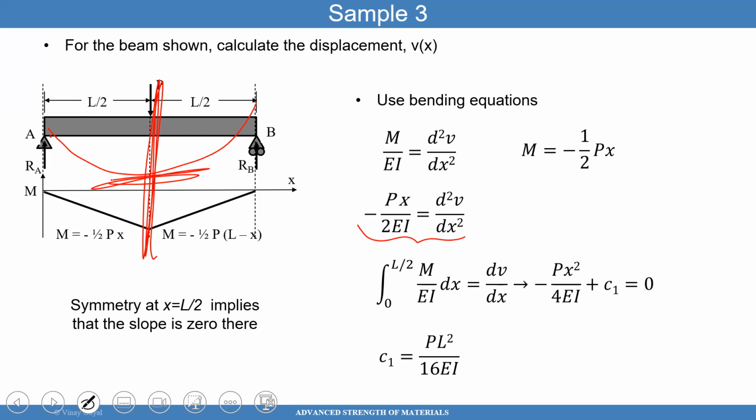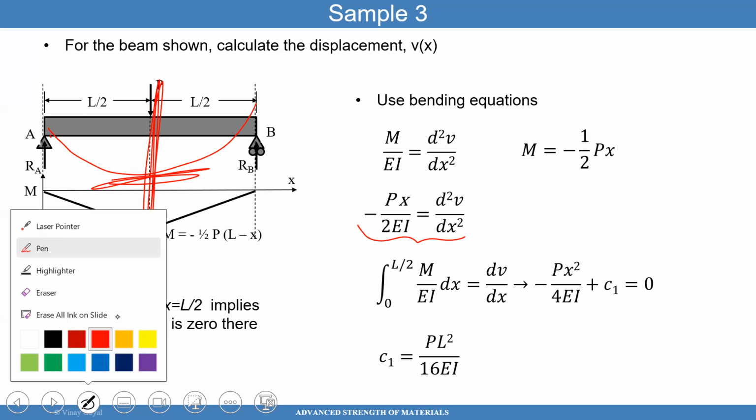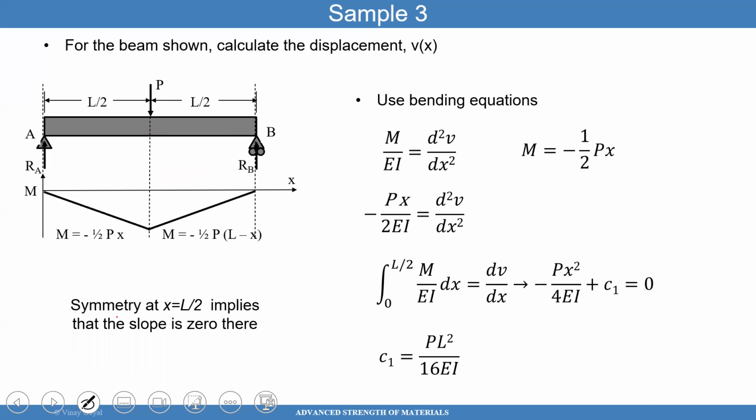There are many ways to solve the problem; I'm just giving you one way. The integral was done from 0 to L/2, because that's where the moment is acting in this section. But we integrated only once and took advantage that the slope is 0, so we set that equal to 0 to get the constant of integration.